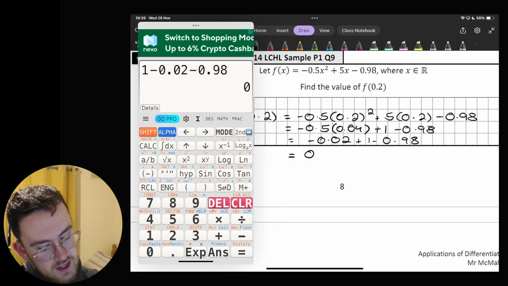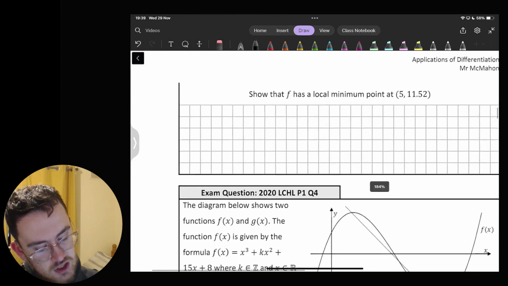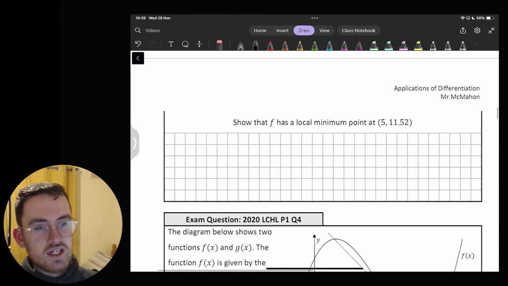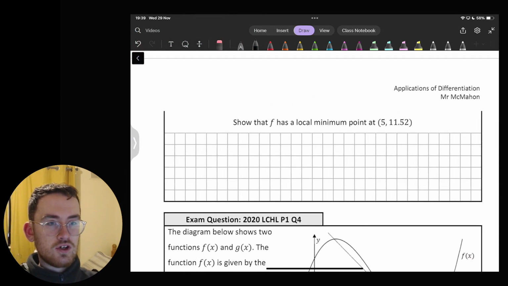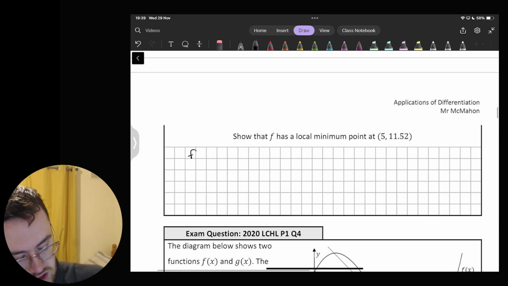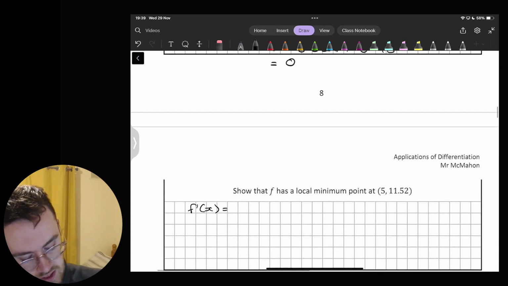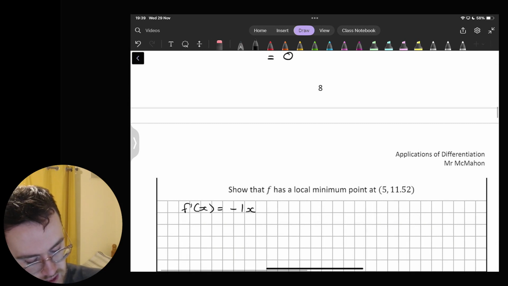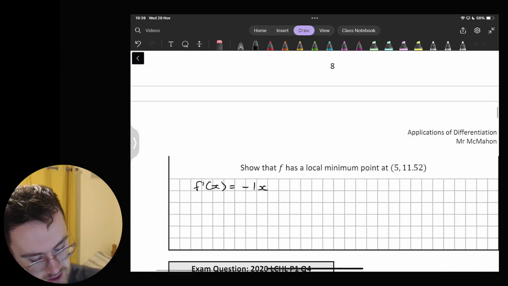So let's look at the next part of the question then. Show that f has a local minimum point at (5, 11.52). So let's differentiate our function here to look for a local minimum point. Remember, first derivative and then put it equal to 0. So that's going to be minus x plus 5.